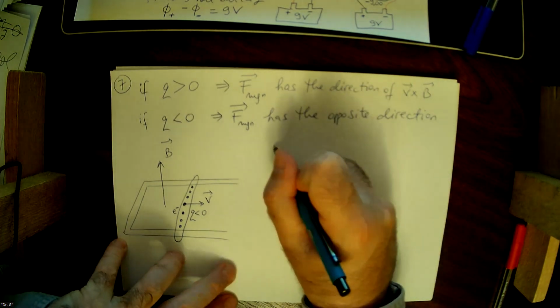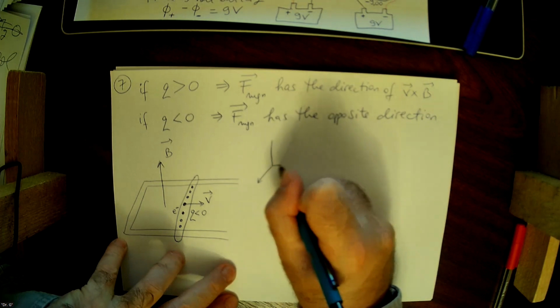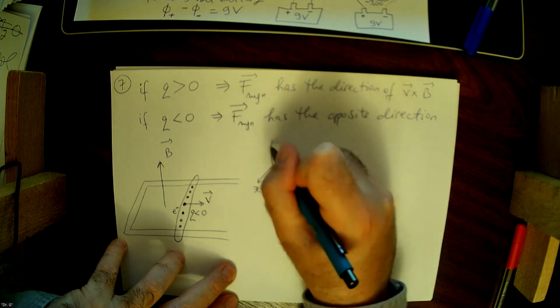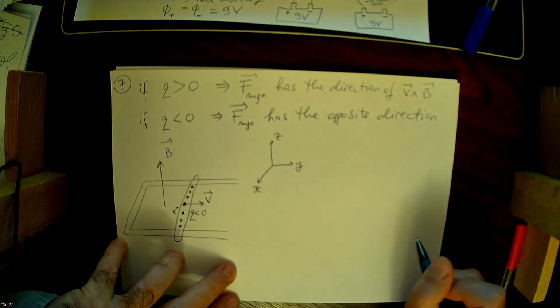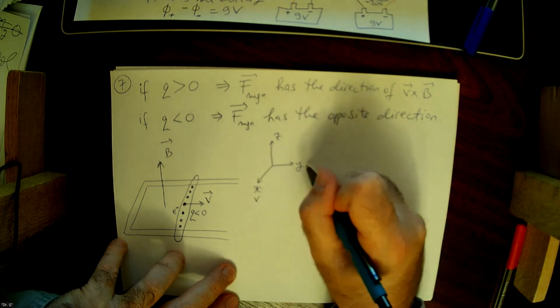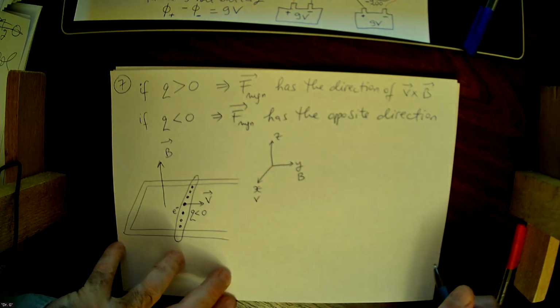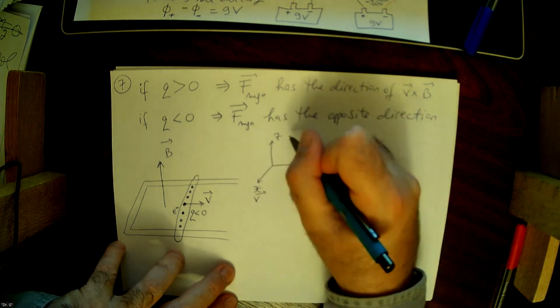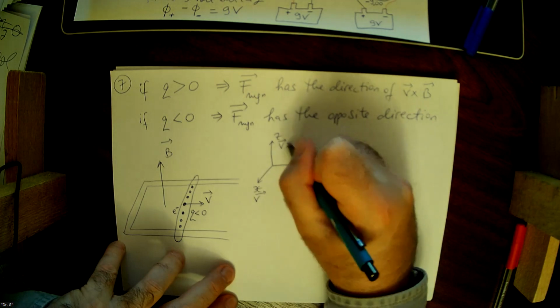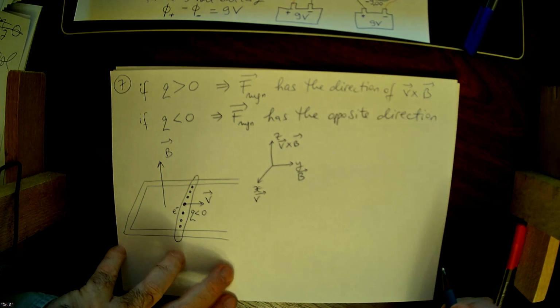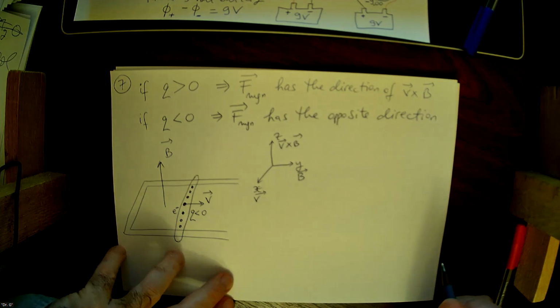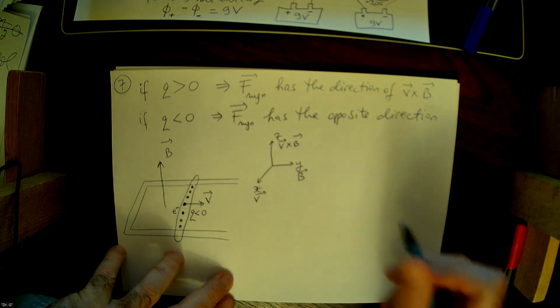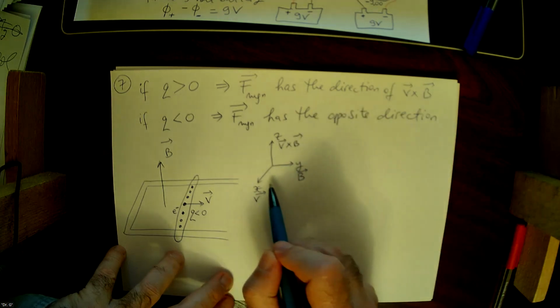Well, let me start with the X, Y, Z reference frame. This will be V, this will be B, and this will be V cross B, which means I have to flip this.